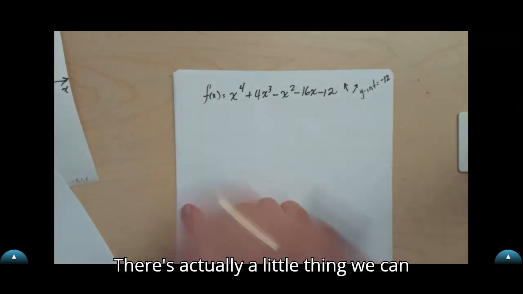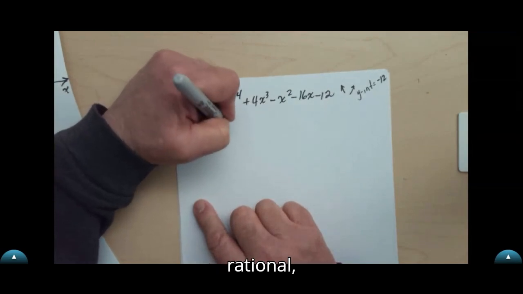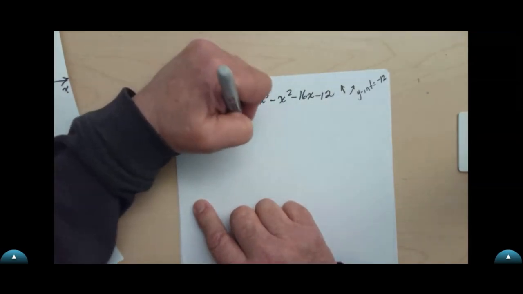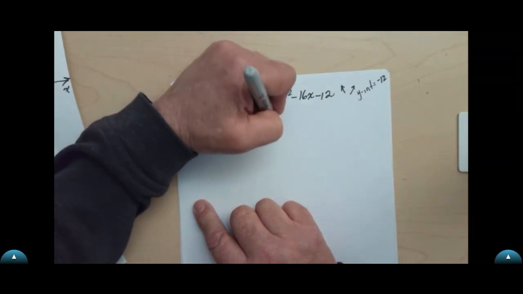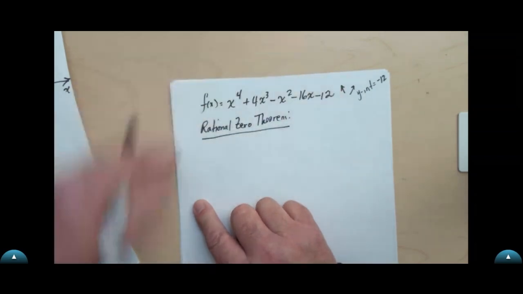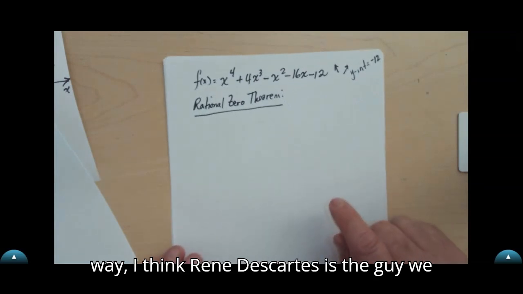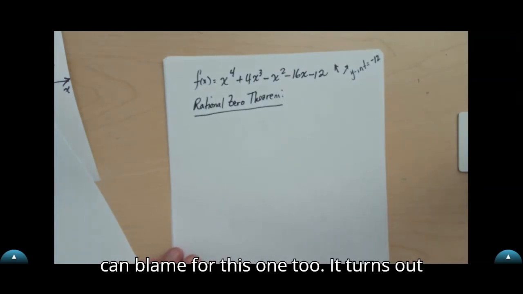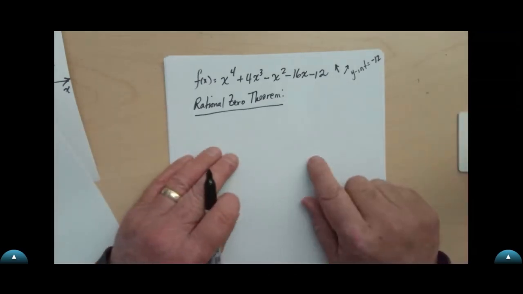There's actually a little thing we can do. It's called the rational zero theorem, which sounds pretty fancy. By the way, I think Rene Descartes is the guy we can blame for this one too. It turns out it's a simple idea, which is this.